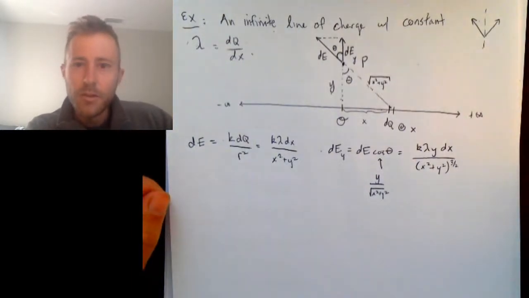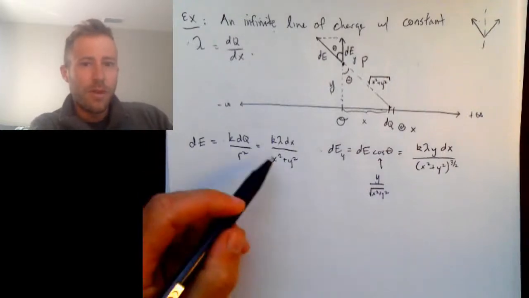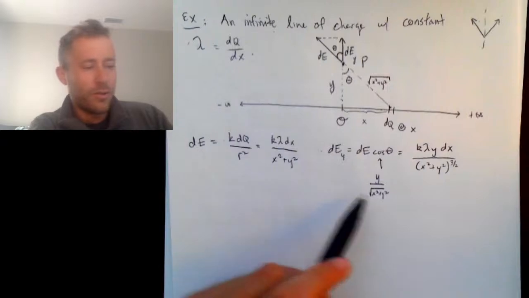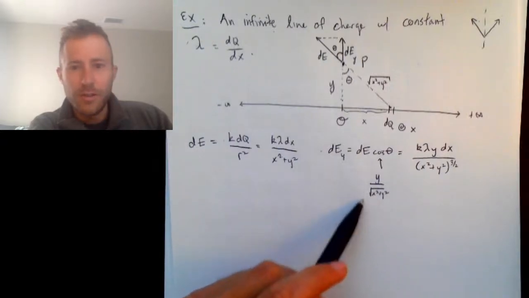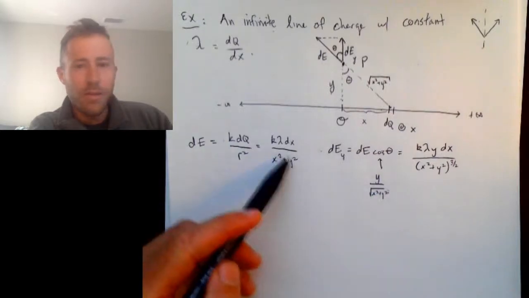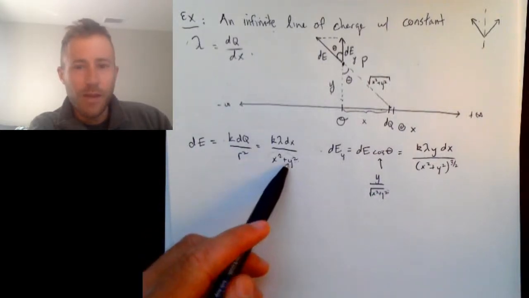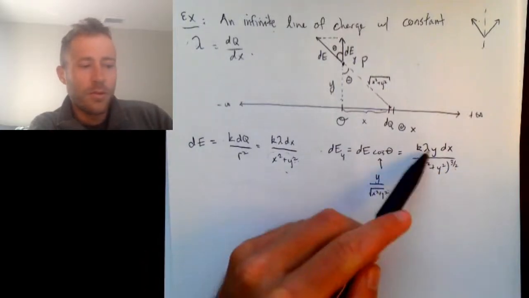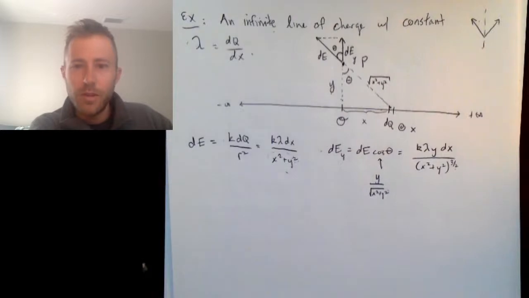Where did I get that from? Notice how the 1 over r squared is this, and then the cosine brings in this denominator. And so when you multiply this by that, you get a 3/2 power. Then we also have this factor of y from the cosine of theta.